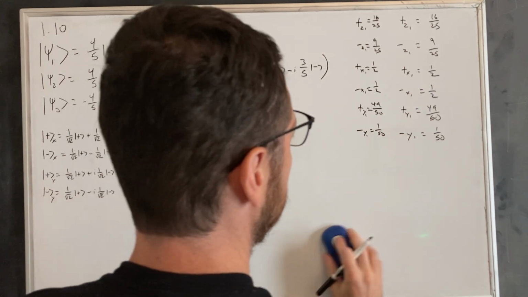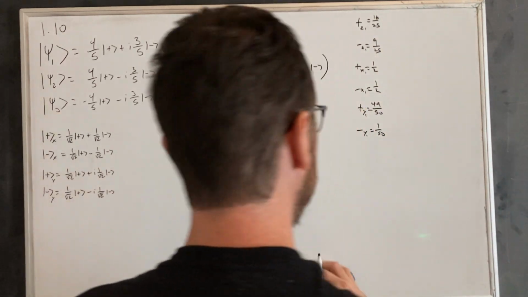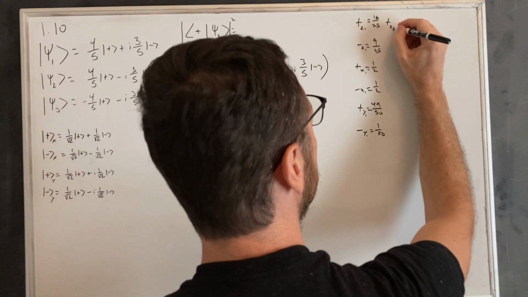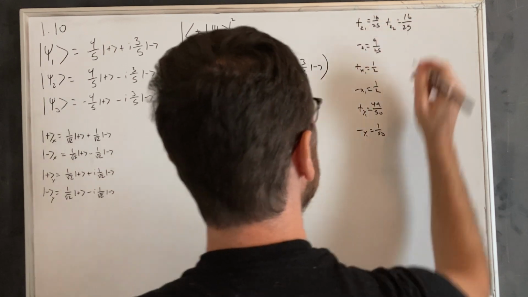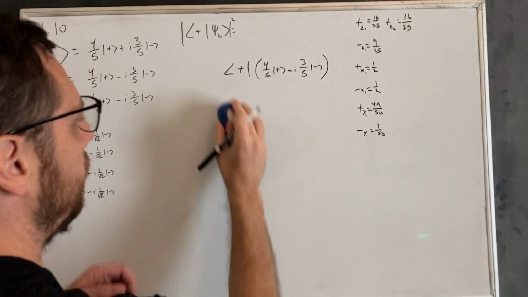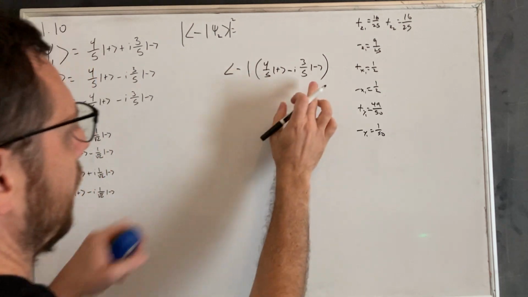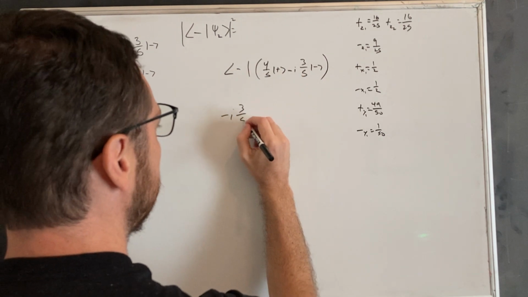I'm going to erase these just so we can compare these side by side. All right, so now we have up in our z for 2, and that's going to also be 16 over 25. All right, and then for our down in our z, we're going to take the down here, so it's going to be negative i 3/5.